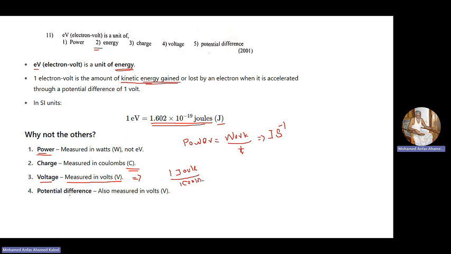Potential difference is also measured in volts. Also not the unit of energy. So these are the reasons. The other four are not the answers. So the answer is that the electron volt is a unit of energy. Okay, the answer is option number 2.